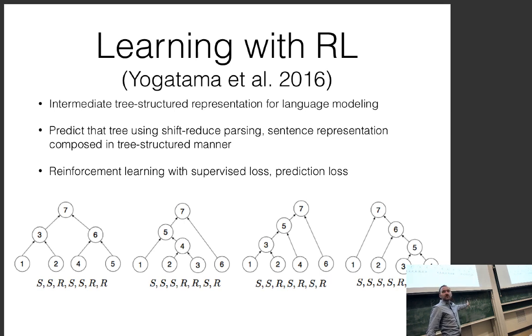It can't find any meaningful structures, so it will very often degenerate into these structures. So at the very beginning, you'll learn an agent that only predicts left branching structures like this, or more likely, you'll come up with an agent that predicts all shifts at the beginning, and then when it can't shift anymore, it will just reduce everything.